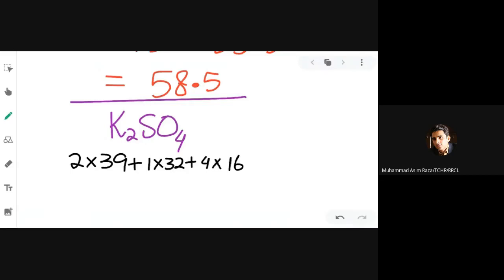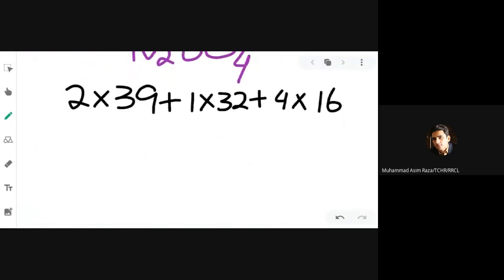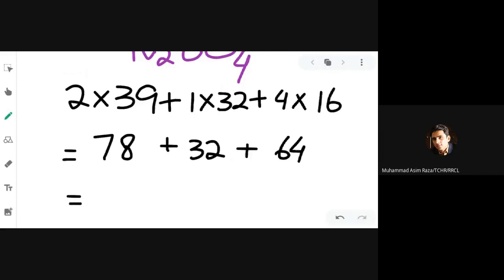Now we have to sum these values. 39 times 2 will be equal to 78, plus 32 plus 64, and this whole thing will be equal to 174.